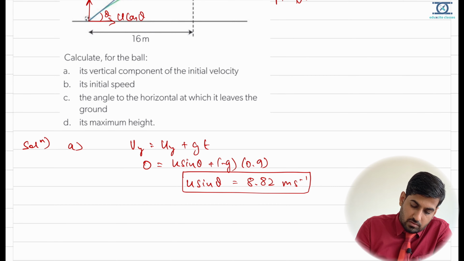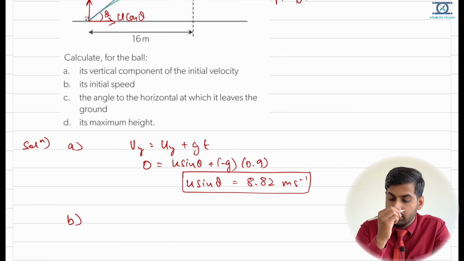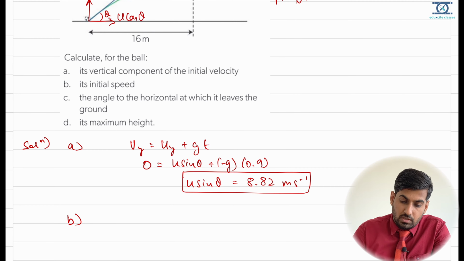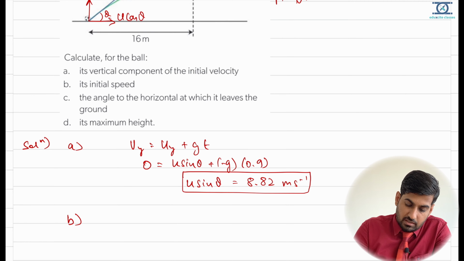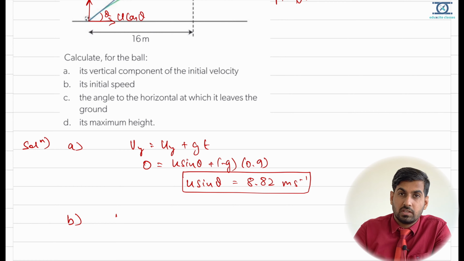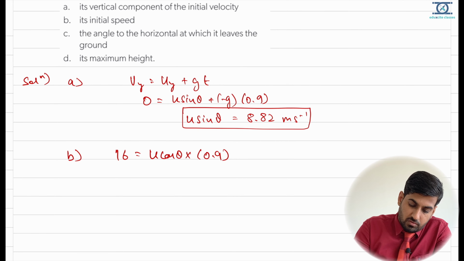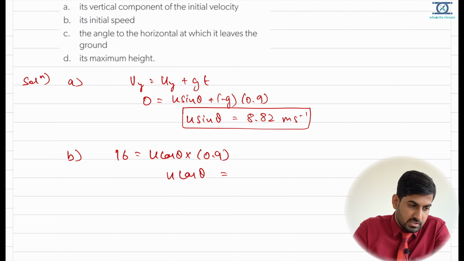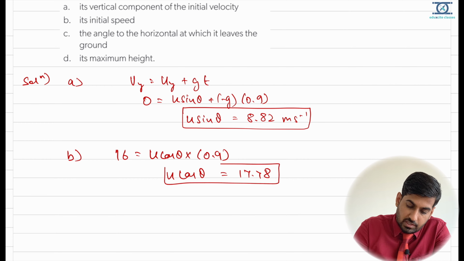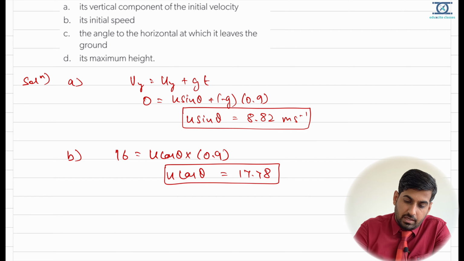Okay. Now they are asking us the initial speed. They are asking us to find out u, and also it is mentioned that the horizontal displacement is 16. So I say 16 equals u cos theta, speed into time, which is 0.9. So u cos theta is 16 over 0.9, which is 17.78. I have already done the calculation, right? Now I know u sin theta, I know u cos theta.